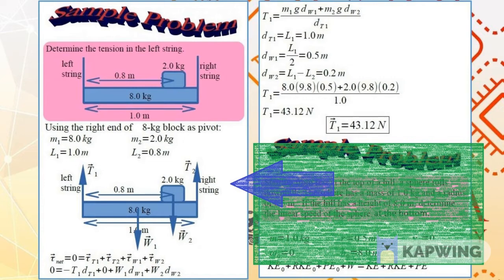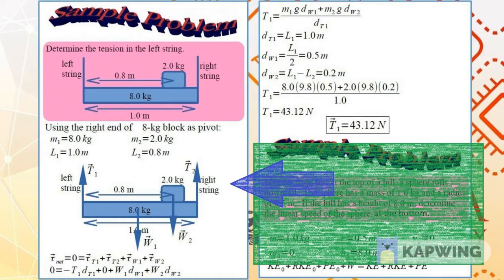By definition, net torque is the summation of the individual torques of the forces present in the system. So you have torque of tension 1 plus torque of tension 2 plus torque of weight 1 plus torque of weight 2 equal to 0.